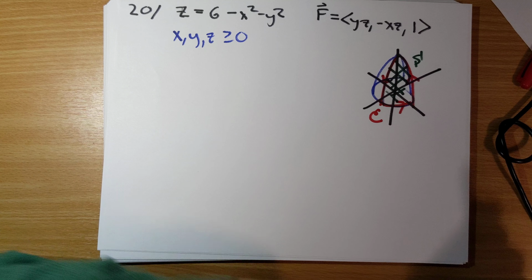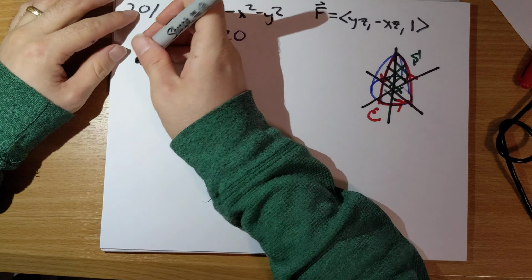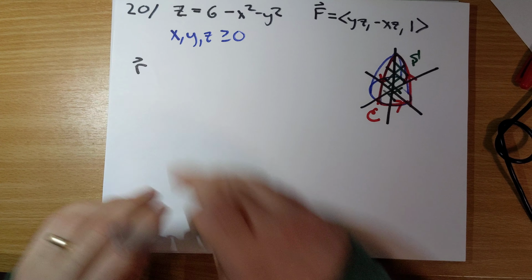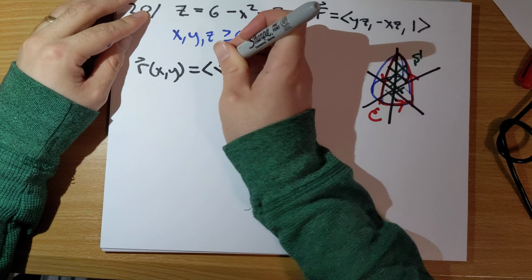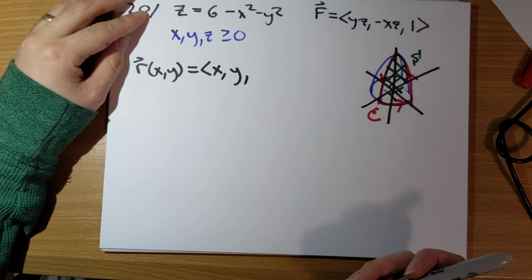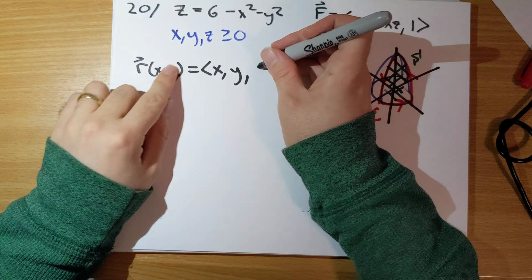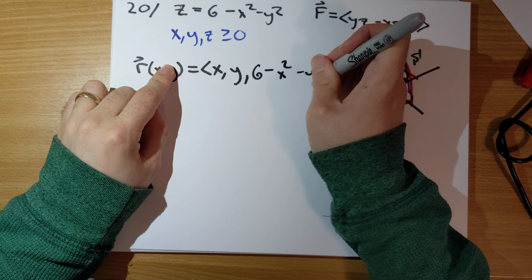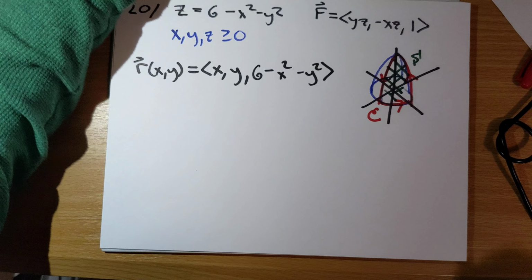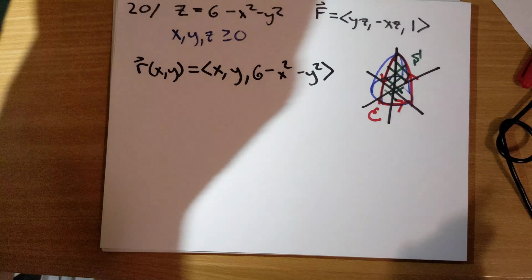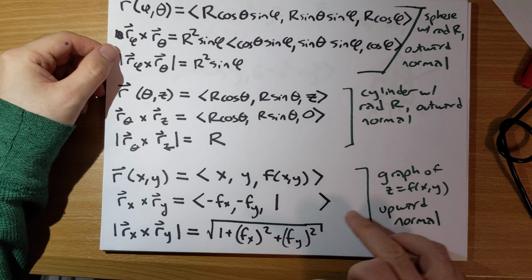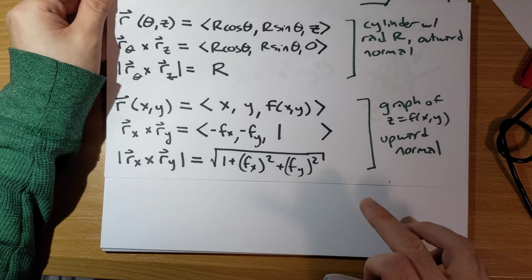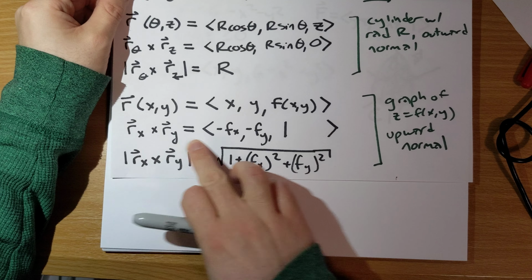I'm going to use Cartesian coordinates here because this is the graph of a function. Our parameterization r of x, y is x, y, and then z is 6 minus x squared minus y squared. Why do we choose that? Because part B is asking us for r sub x cross r sub y, and we can just read that off of this chart right here.